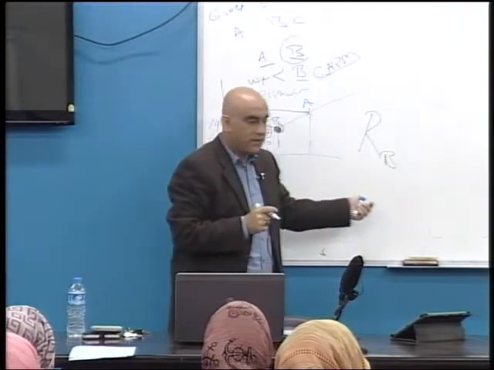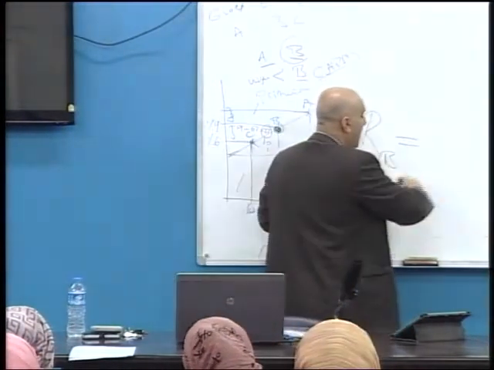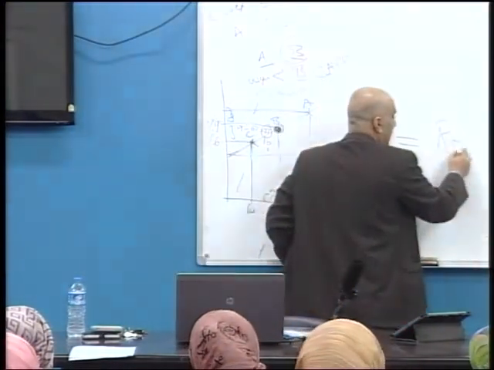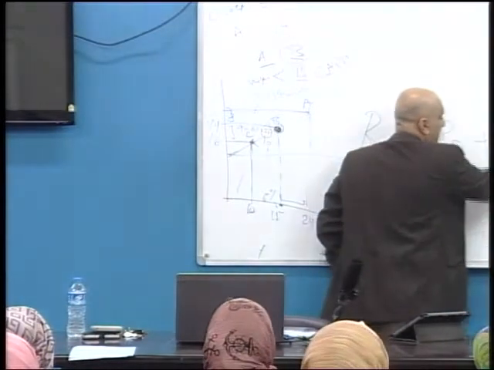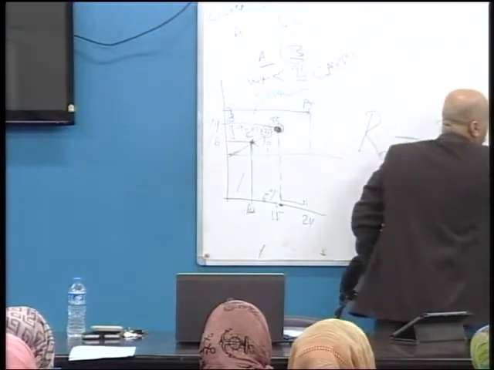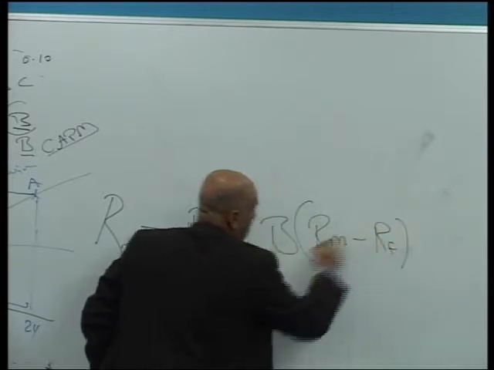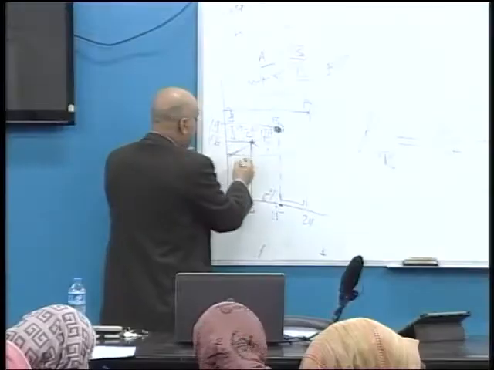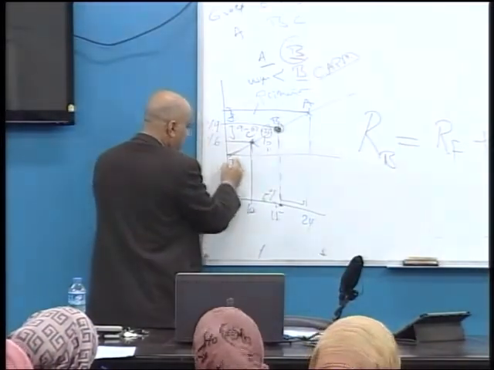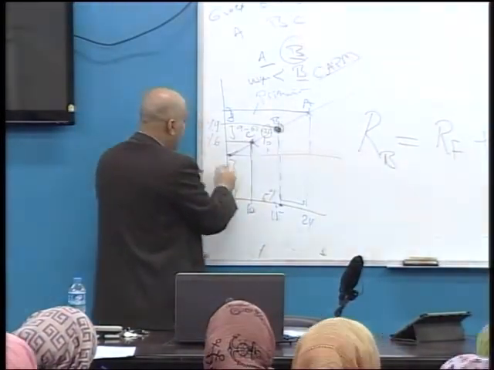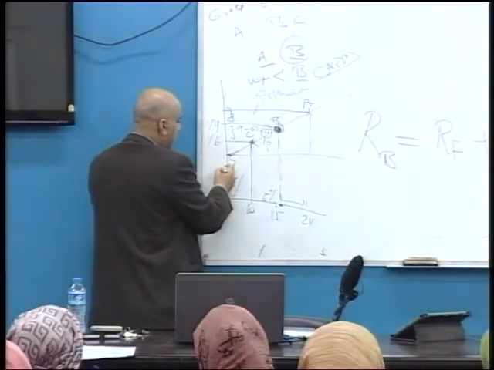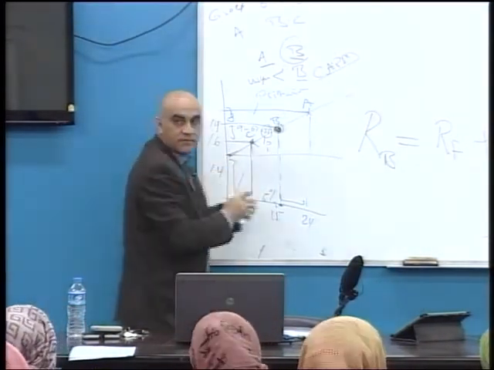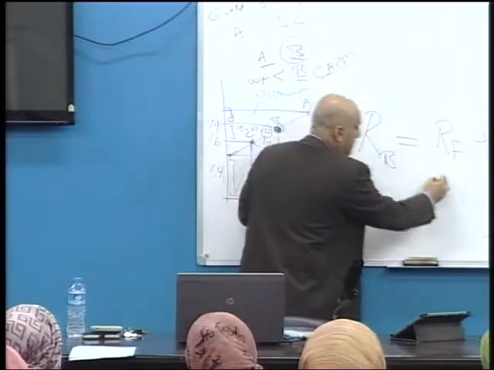The R of B, according to the CAPM, is equal to risk-free plus beta times (RM minus RF). So the risk-free is in here. This is the risk-free, the systemic risk. In this case it could be 4%.